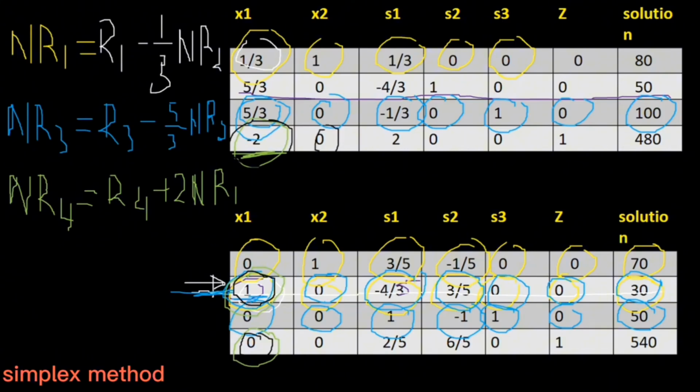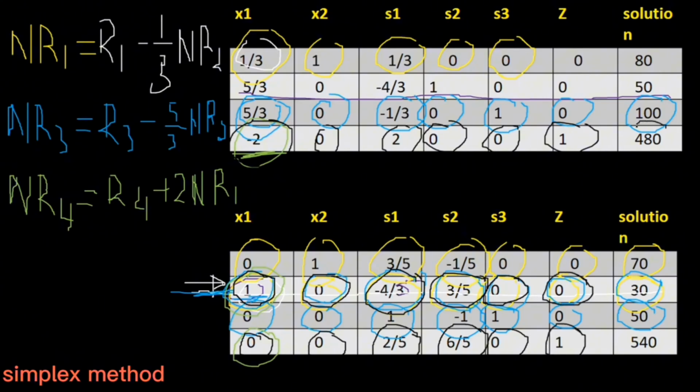0 plus 2 times 0, we have 0. 2/5... 2 plus 2 times negative 4/5, you have 2/5. 0 plus 2 times 3/5, you have 6/5. 0 plus 2 times 0, you have 0. 1 plus 2 times 0, you have 1.